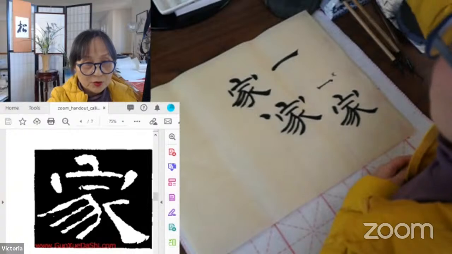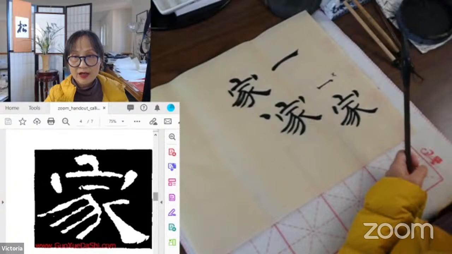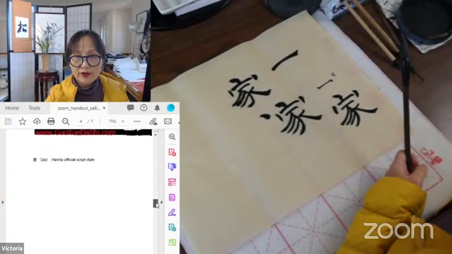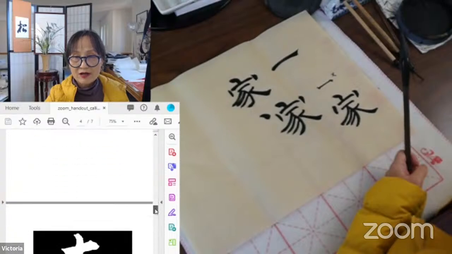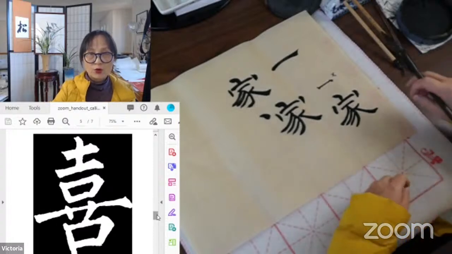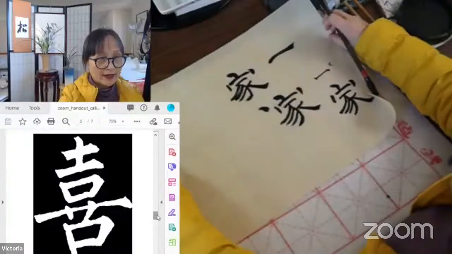Okay, let's move on to the next character. When you write, even if you learn all of them, you may develop your own style, something in between, and there is no certain rule for the in-between walking style and cursive style.